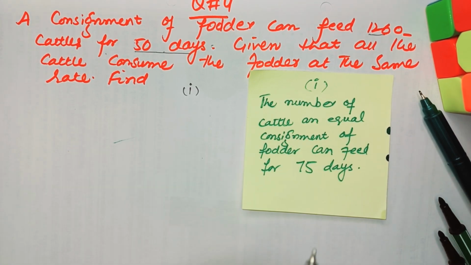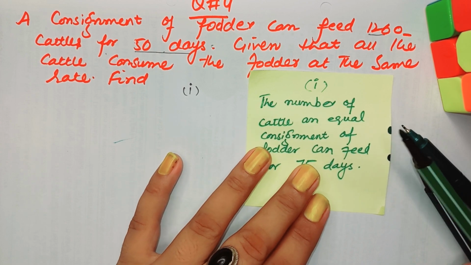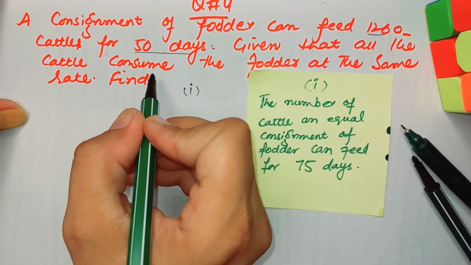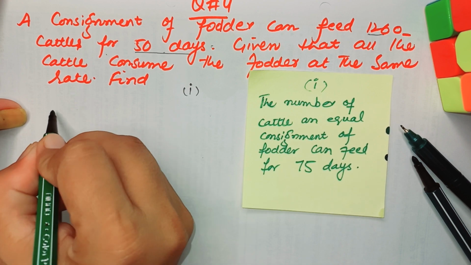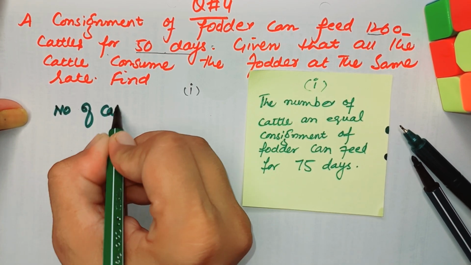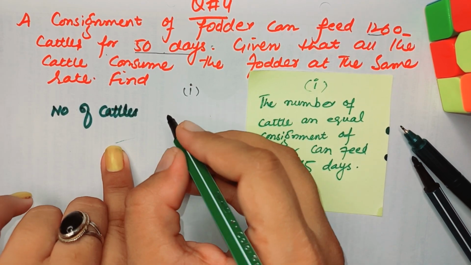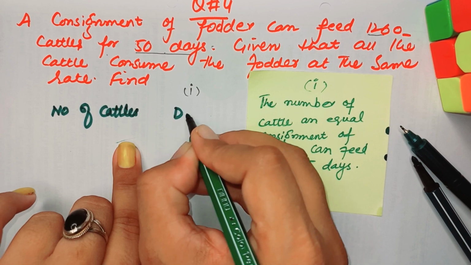Dear students, सबसे पहले तो हम इसका relation observe कर लेते हैं कि कौन सा relation है. We have number of cattle and we have number of days.